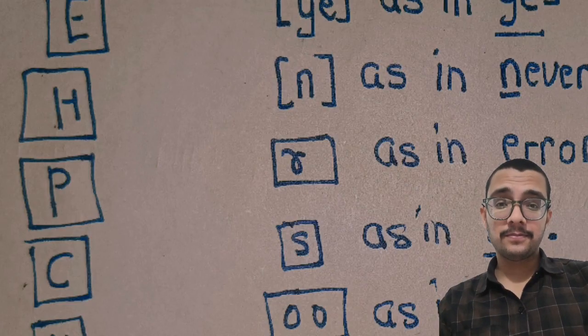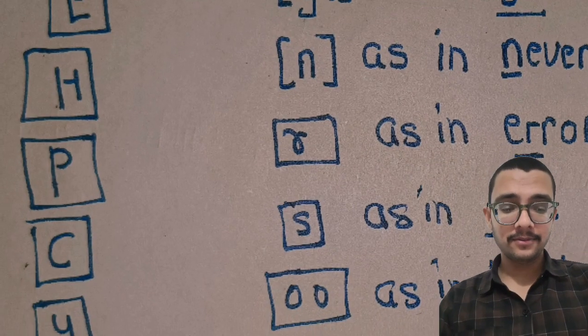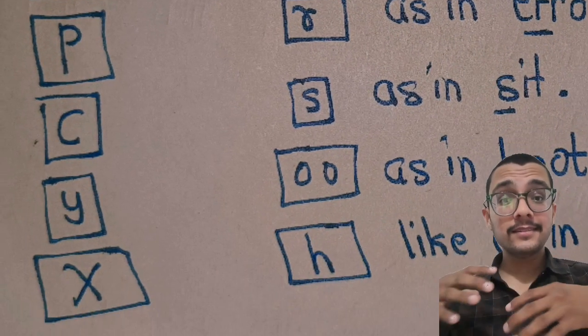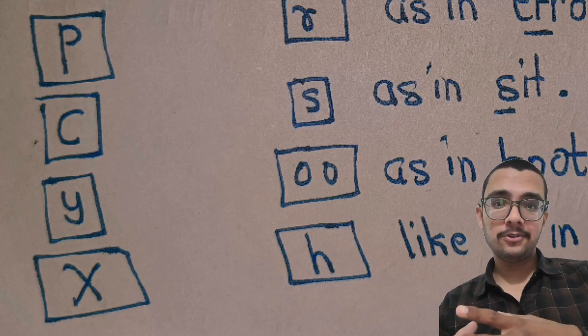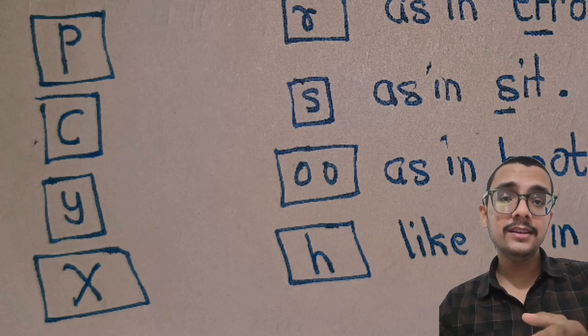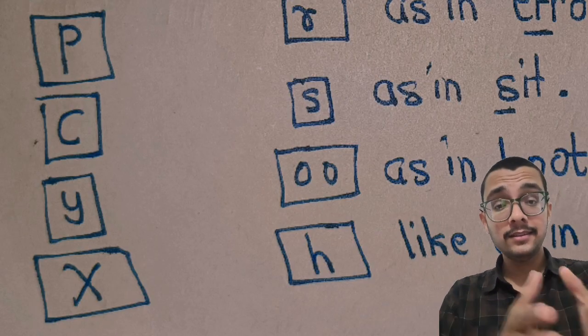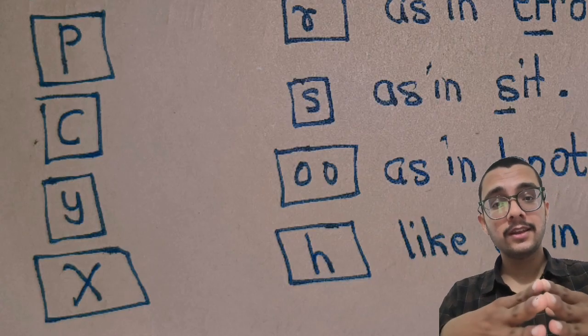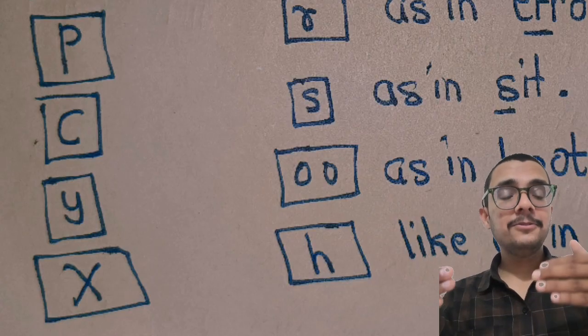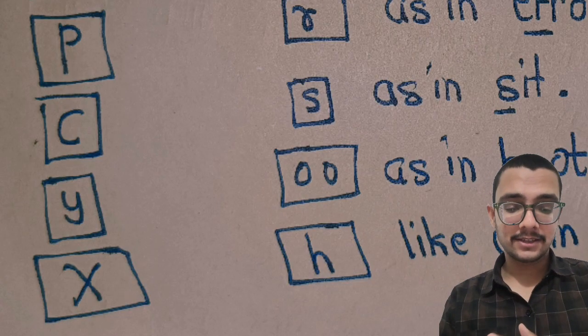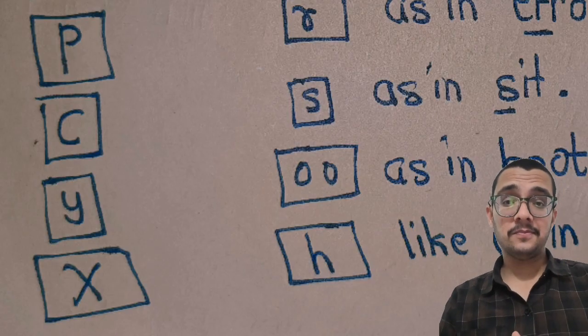Look at this character. It looks like C, right? But it is pronounced as S, not C, but S as in sit. So instead of working like C, it is working as S in Russian. Look at this character.